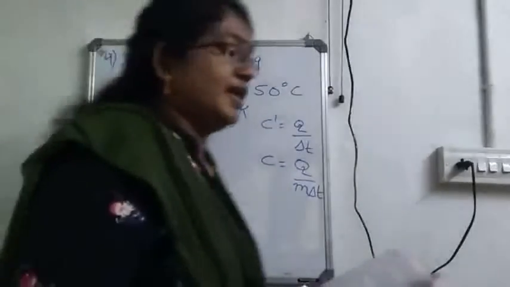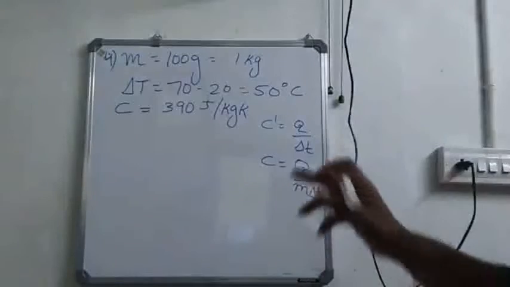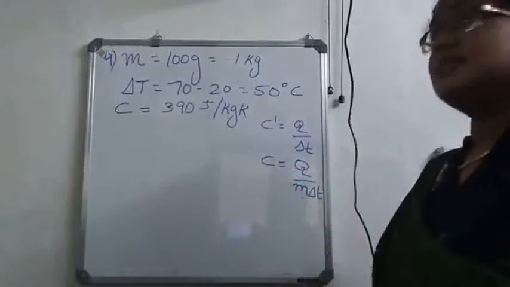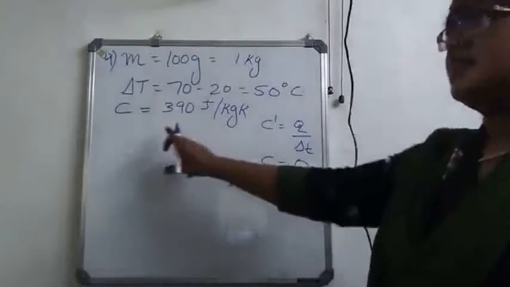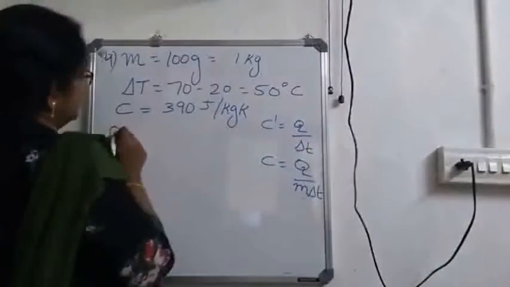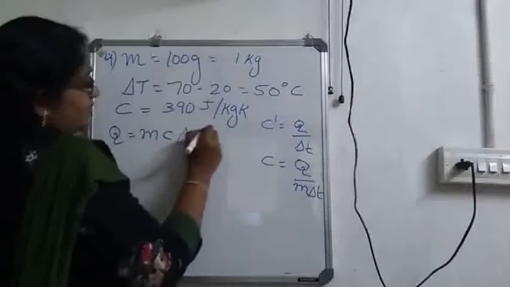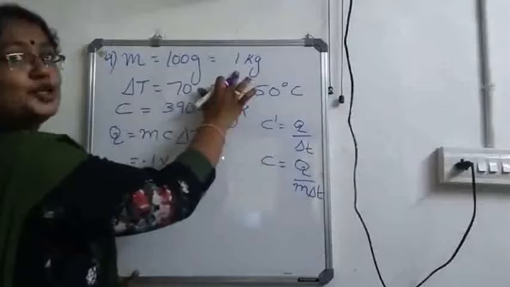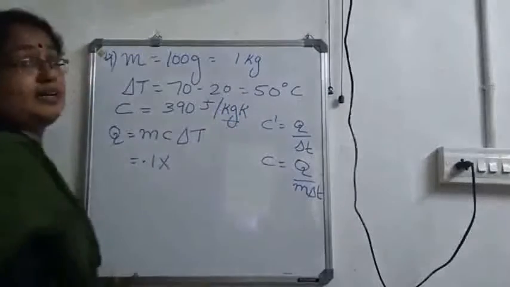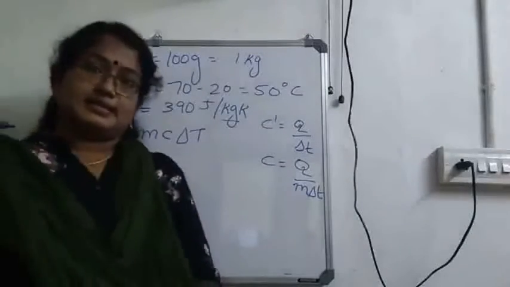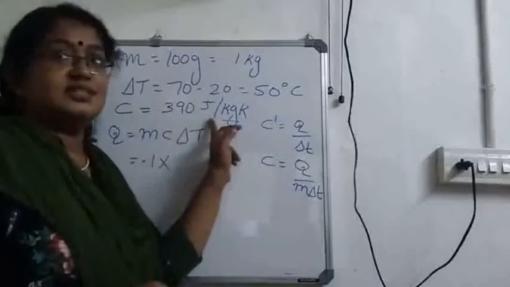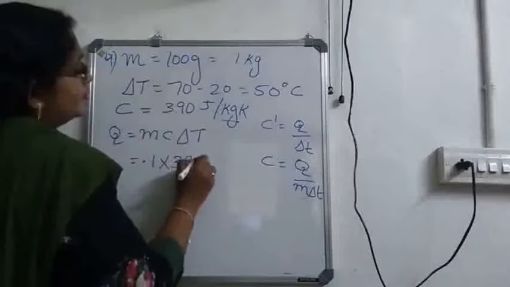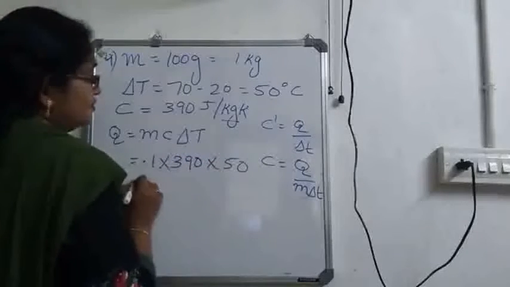So, what should we calculate here? Amount of heat energy. To calculate heat energy, we have two equations, either C dash delta T or MC delta T. Which one should I use here? Since C is given, our equation is Q is equal to MC delta T. So, 0.1 into 390 into 50.